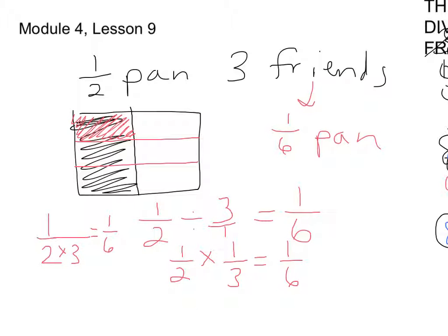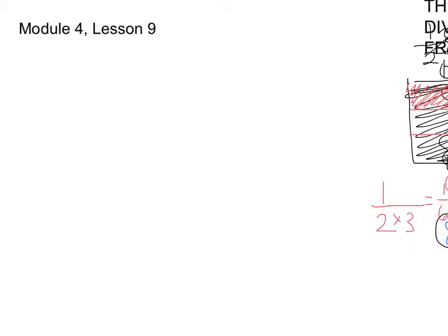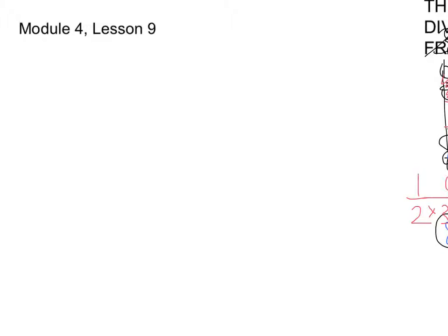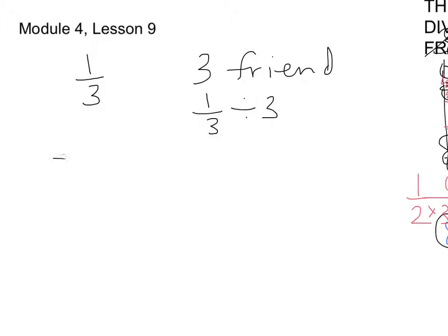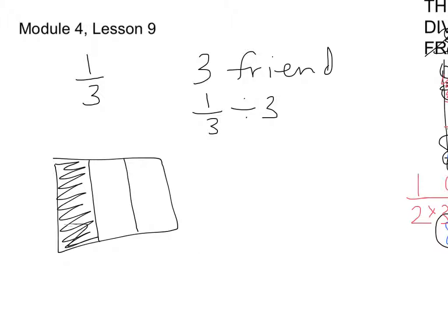If you're not quite sure of this, we can look at another example. What if instead of half a pan, we've got 1/3 of a pan and 3 friends? Okay, so that'd be like 1/3 divided by 3. Well, let's look at our pan. It's a terrible pan, but you get it. This is how much of the pan I have. These are my brownies over here. I ate the rest of them. My 3 friends want some, so I got to split that into 3.